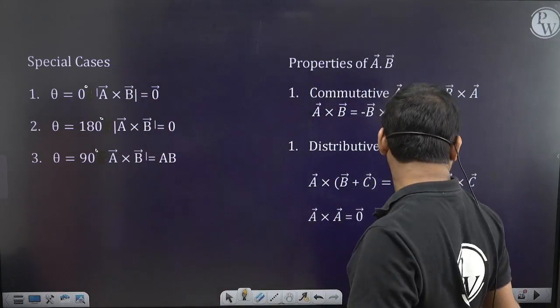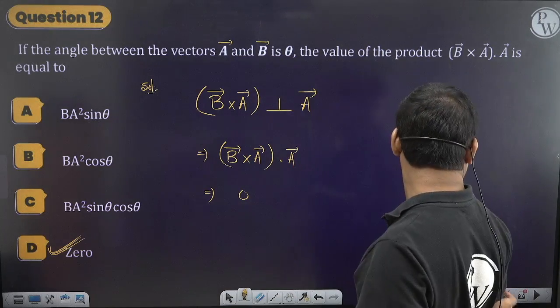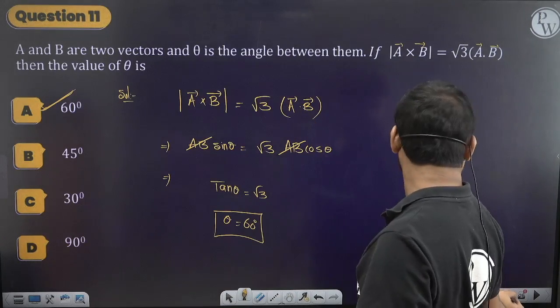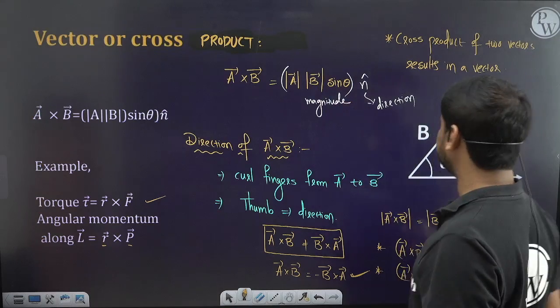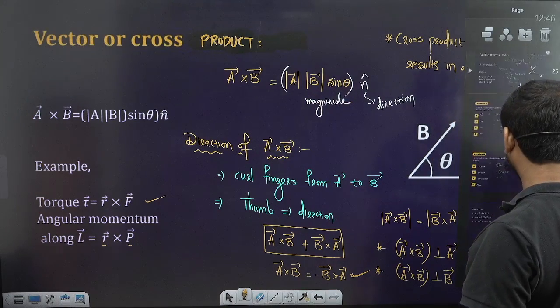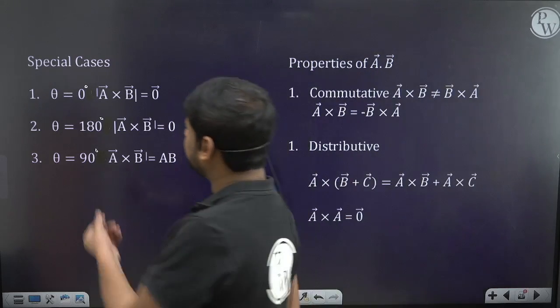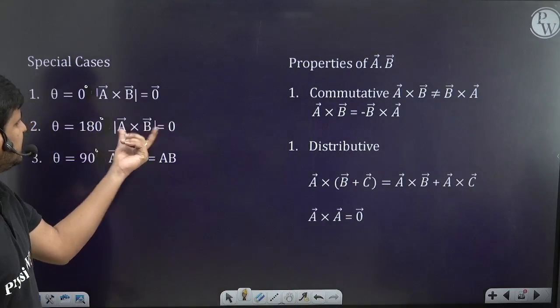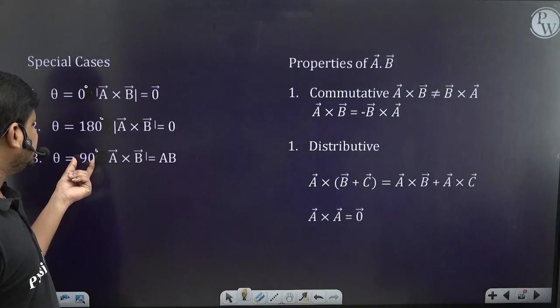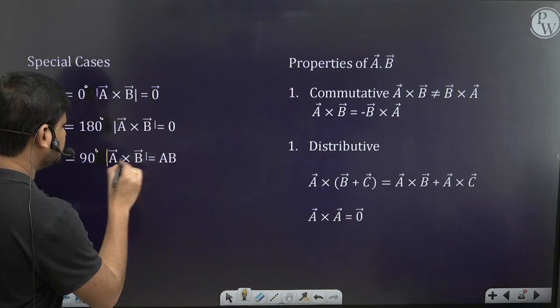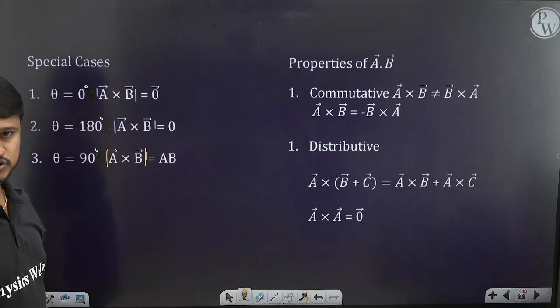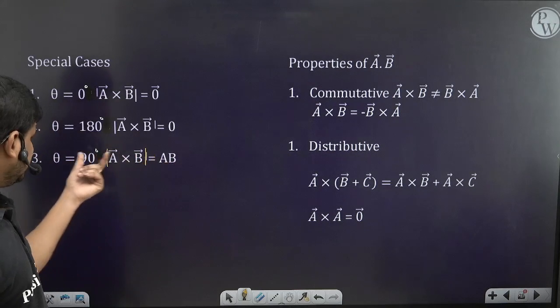Why? Because sin 0 is 0, so the overall thing comes out to be 0. And for 180, sin 180 is also 0, so A cross B is again 0. Sin 90 is 1, so the magnitude of A cross B will be equal to AB.